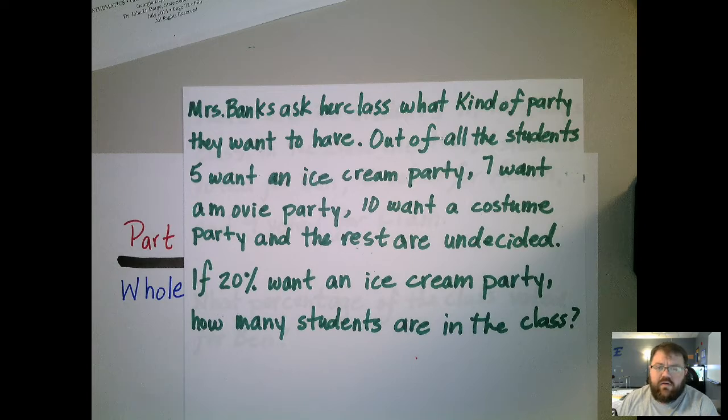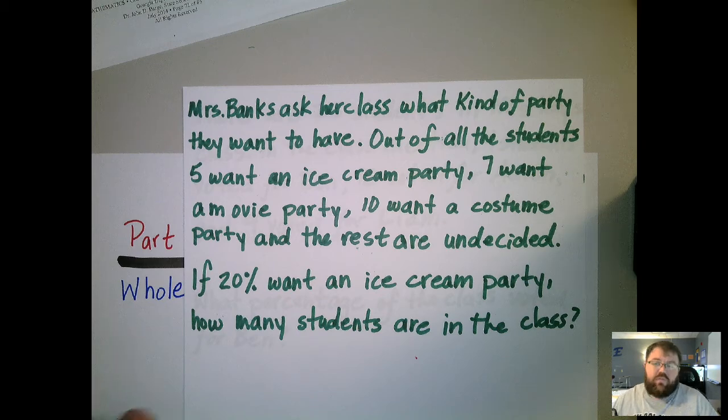Miss Banks asks her class what kind of party they want to have. Out of all of the students, 5 want an ice cream party, 7 want a movie party, 10 want a costume party, and the rest are undecided. If 20% want an ice cream party, how many students are in the class? So this is a very good question about giving you too much information.